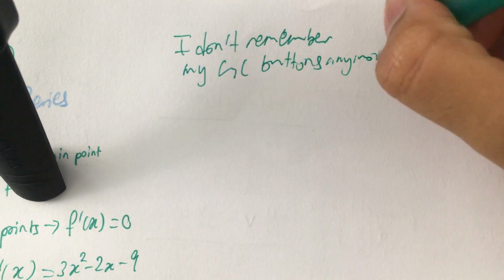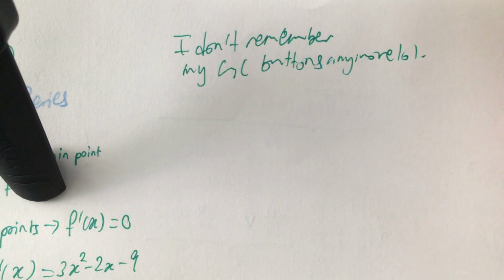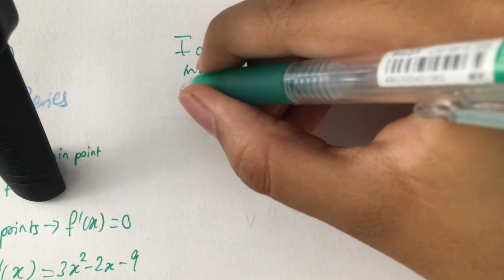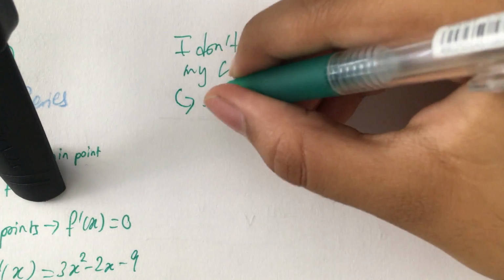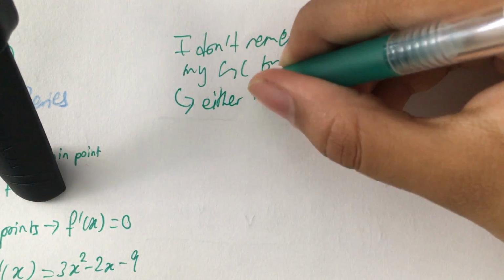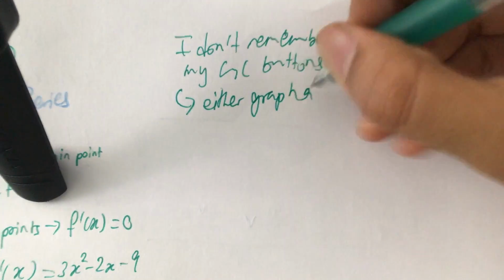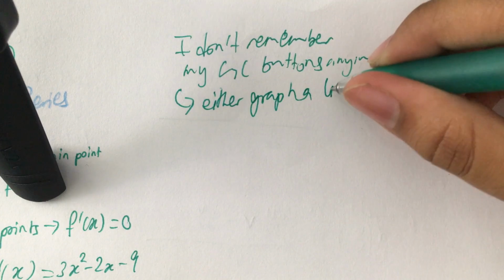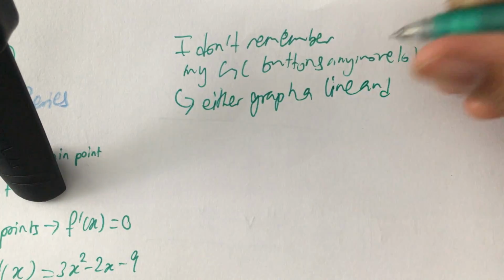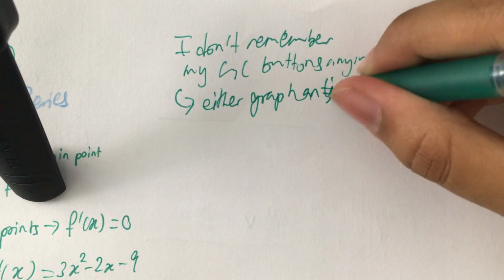So please don't over rely on your GC. But if the question asks you to use your GC, or if the expression is so out of this world that you need to actually use it, then go ahead. I have nothing against that.